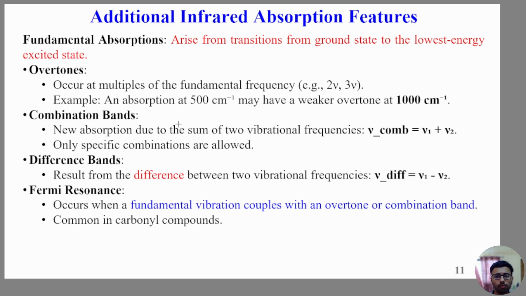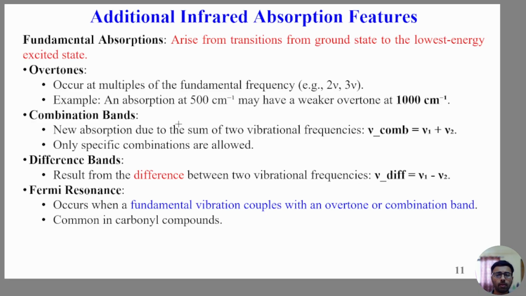Let us summarize what we have learned today. We explored how different functional groups produce characteristic IR absorptions. We saw examples including methyl groups, anhydrides, amino groups, nitro groups. We observed that asymmetric stretching vibrations occur at higher wave numbers than symmetric stretching.